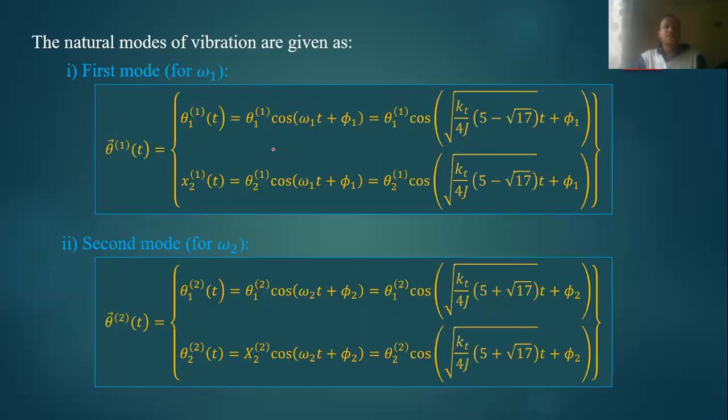So this gives us the general form of the natural modes of vibration. For θ1 of 1, t is equal to this equation. θ2 of 1 gives this equation. Substituting our frequency values, we have this equation.